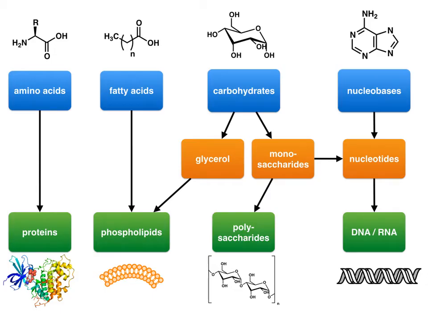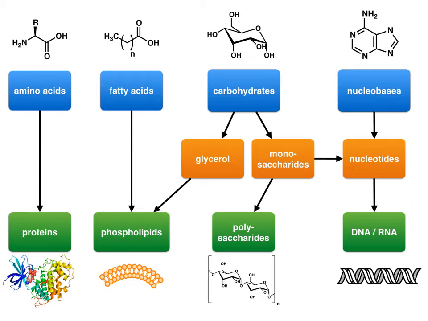Okay, so let's just look at some molecules and how they lead to other molecules. So amino acids, those are the building blocks of proteins. Okay, there's 21 amino acids that the body typically uses to make all of its proteins. 9 of the amino acids are what are called essential amino acids, meaning the body can't make them and you need to get them in your diet.